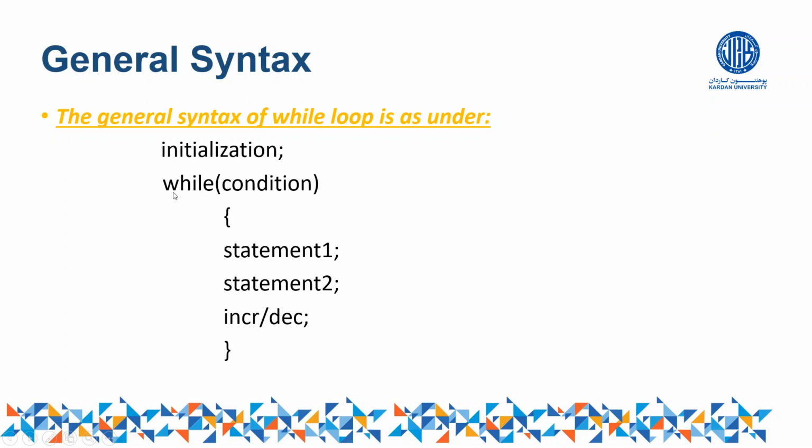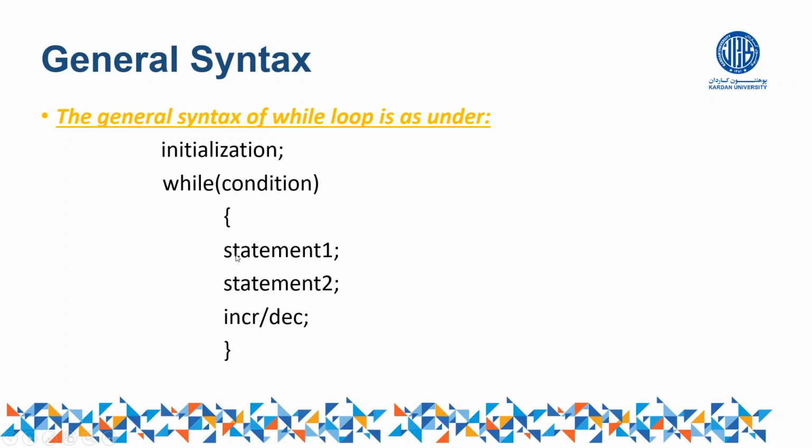This while is basically a keyword. After while, you need to use parentheses, and inside the parentheses you need to put a condition. It may be any relational expression. After this, a pair of curly brackets. This is the opening bracket and this is the closing bracket. This is called the body of the while loop.